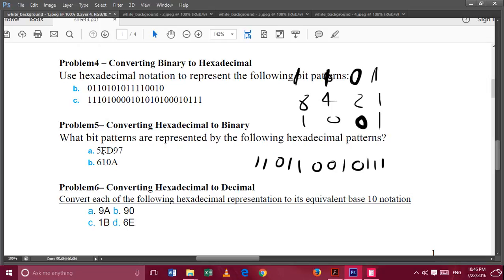We're done with D. F is 15, which is 4 ones. 1, 1, 1, 1. And 5 is this number right here. So 101. Now, be careful here because remember that we said they have to be multiples of 4. So you need to add a 0 here. Why?